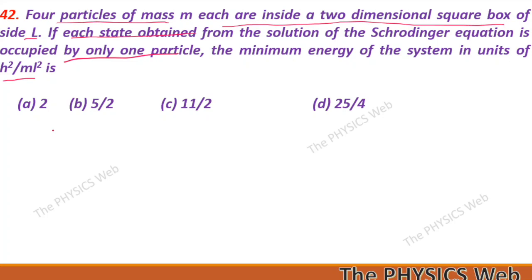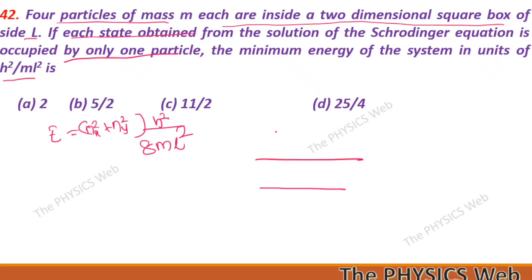That means energy can be written as (nx² plus ny²) times ħ² by 8mL². So there are 4 particles, and we have to find the minimum possible energy. It is given that in each state there will be only one particle.